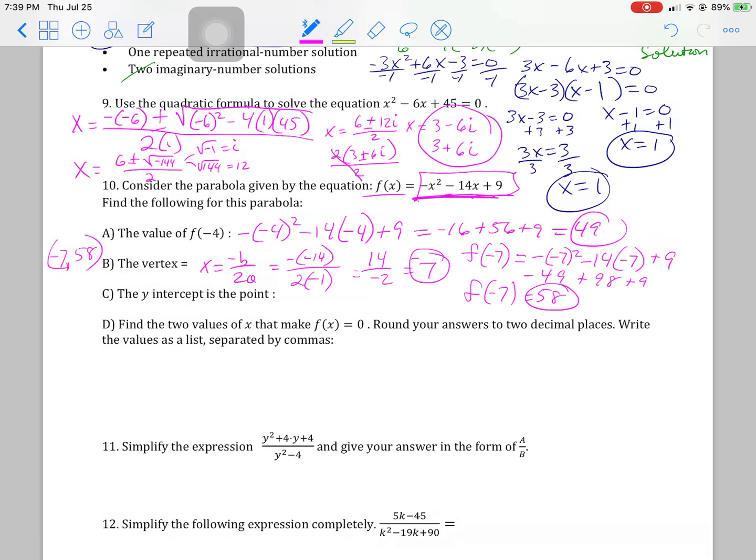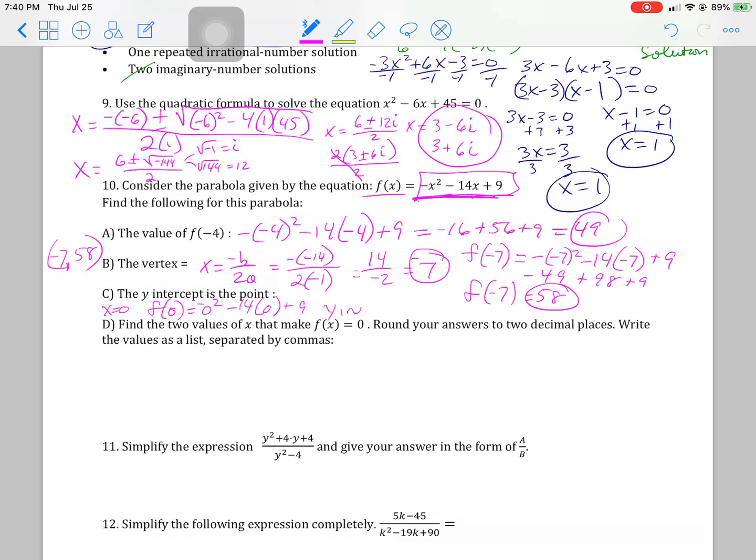For the vertex. Okay. And the y-intercept is when x equals 0, so f of x equals, hang on, let's put the 0 in there: 0 squared minus 14 times 0 plus 9.